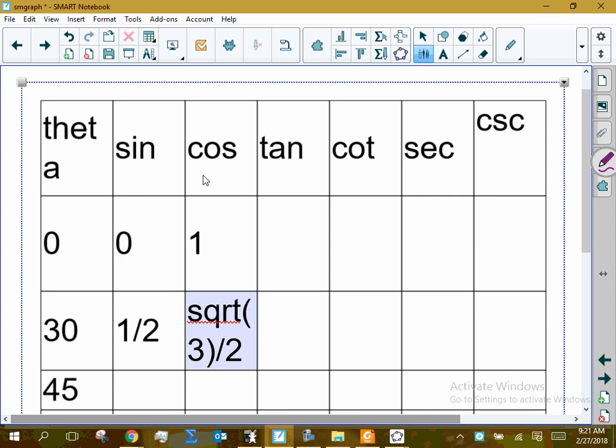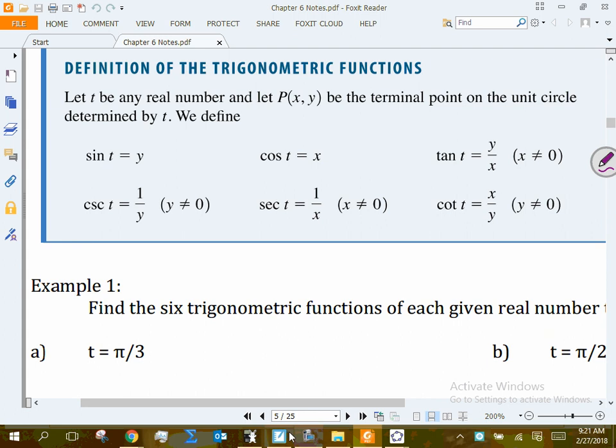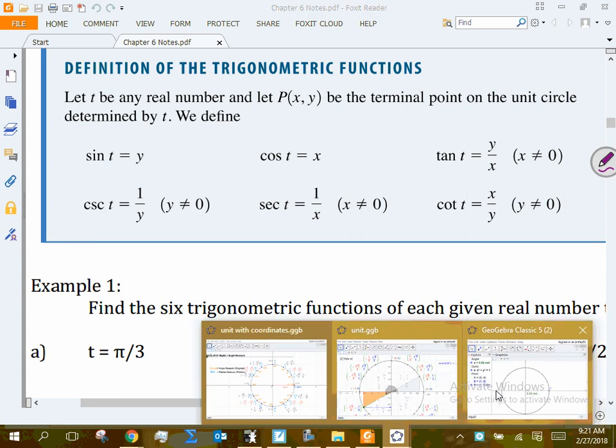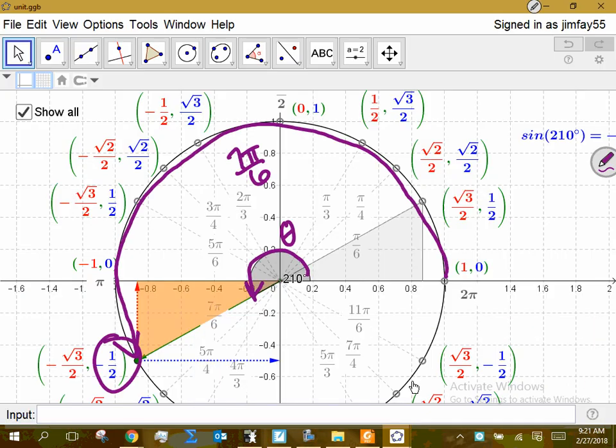The unit circle, I think, is a much more organized format of that. And it also provides maybe a visual for you.